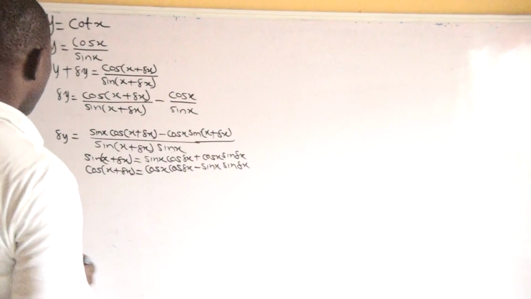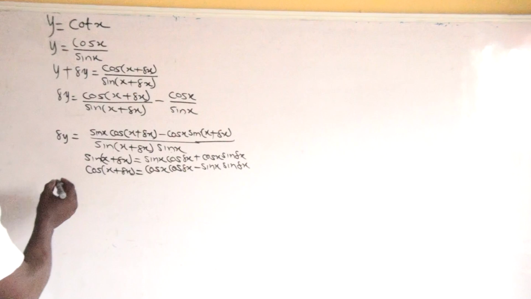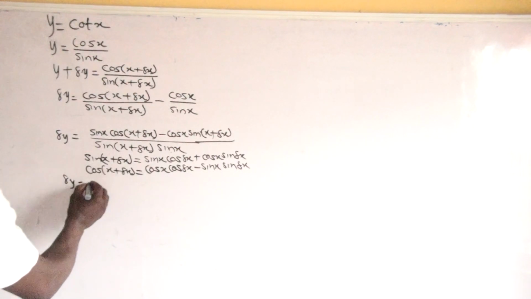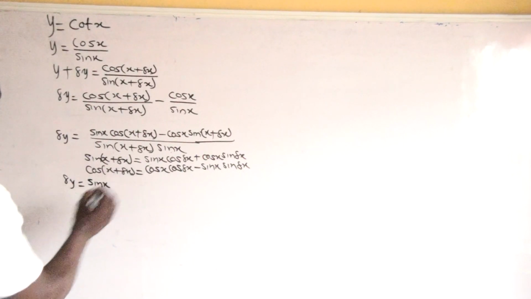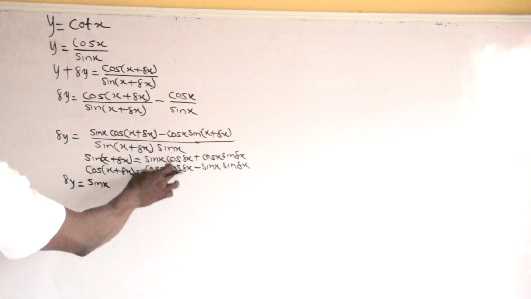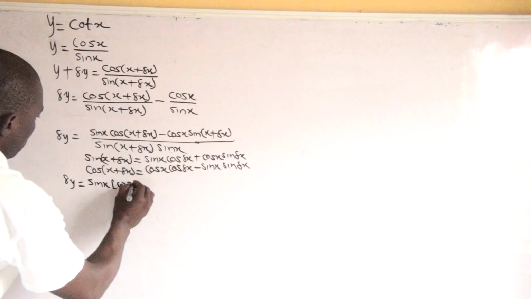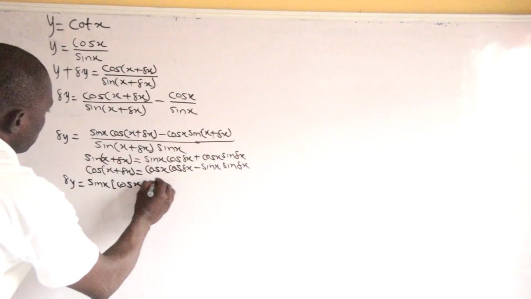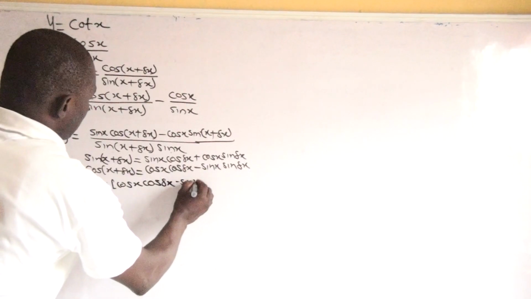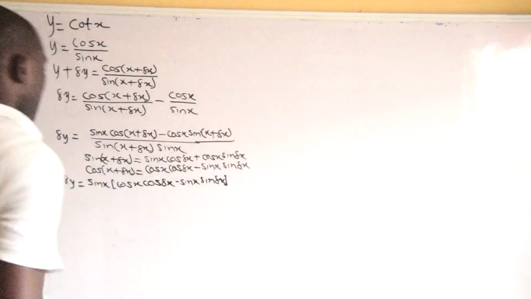So what we'll be doing here is that delta y becomes sine x times, in place of cos(x plus delta x), we replace it with this expression: cos x cos delta x minus sine x sine delta x. We close the bracket here.